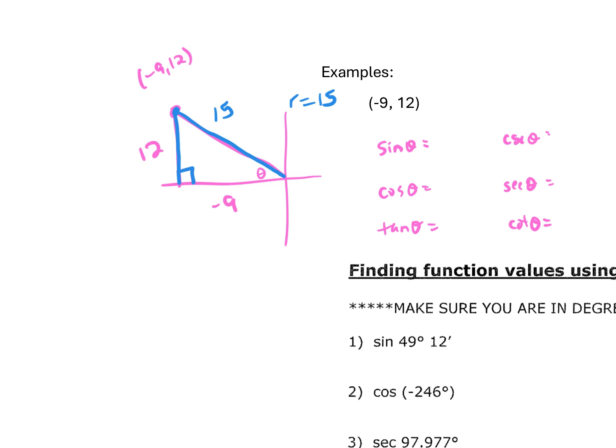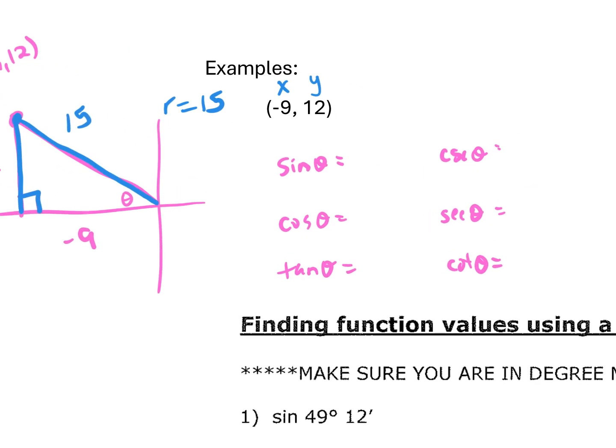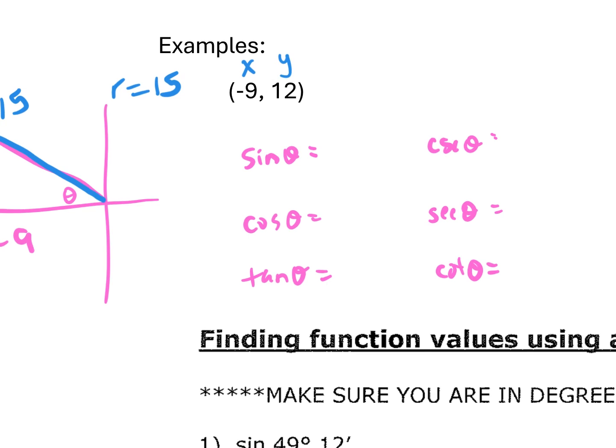Okay. So we have a 3, 4, 5. I don't want to use the triangle. I want to think about just these points. So think about the fact this is our x, this is our y, and here's our r. So for sine, the ratio is y over r. So Maya, what is the value for y? 12 over 15.